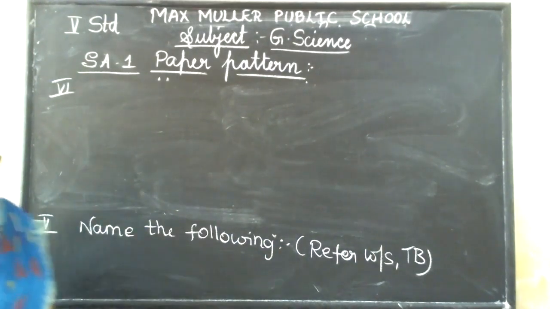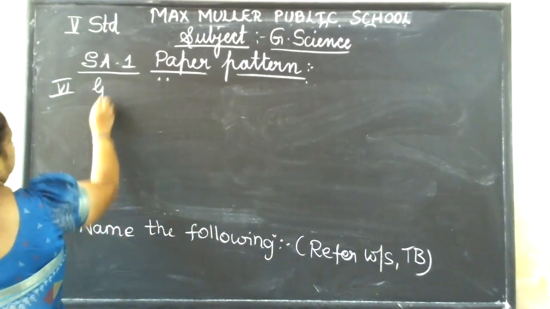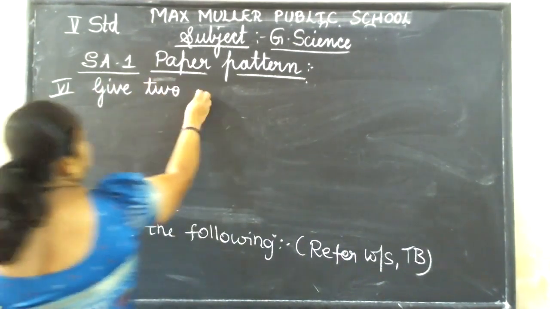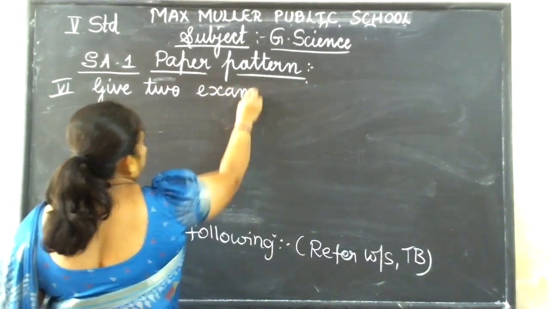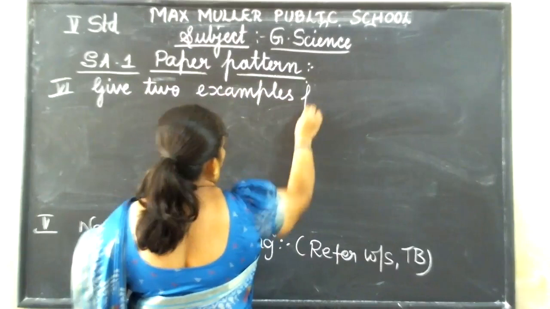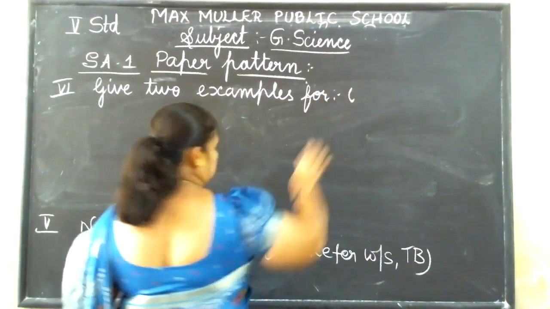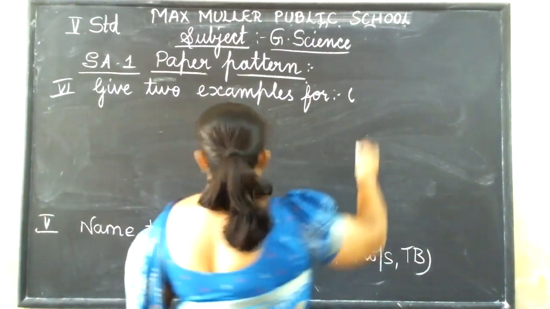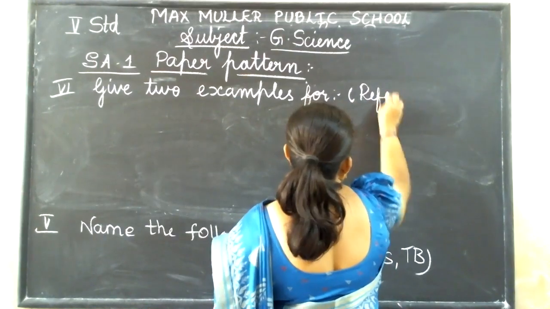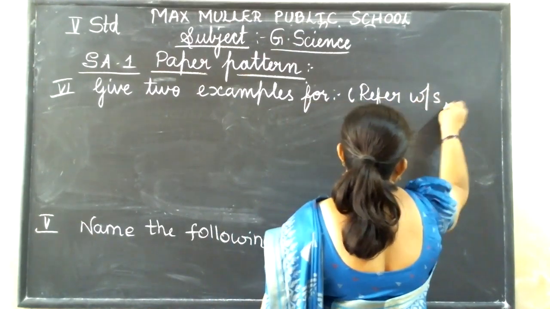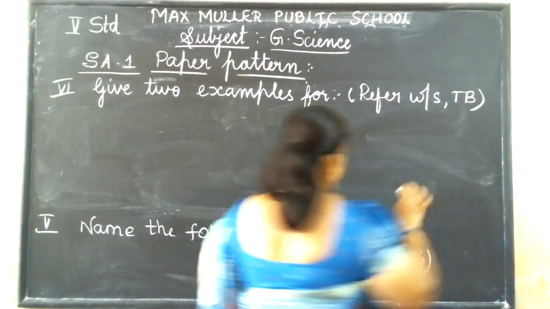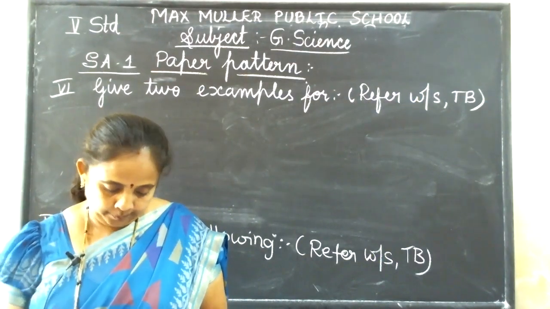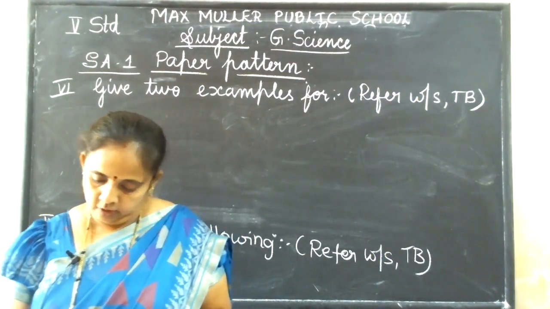Sixth main is give 2 examples for. For give 2 examples also, refer to the worksheet and textbook. In the worksheet, I think you have it in the first lesson only.